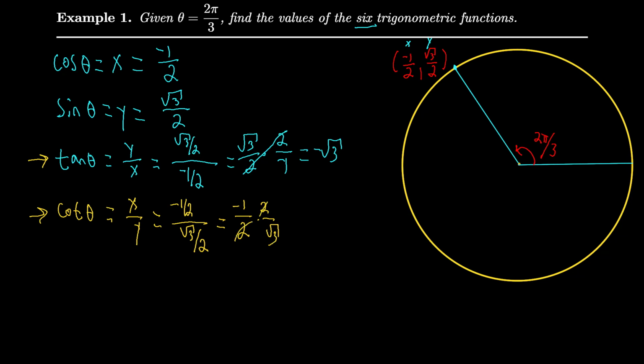And the 2's still cancel, but now you've got negative 1 over root 3, which if you multiply top and bottom by root 3 over root 3, that is, you multiply the top by root 3 and the bottom by root 3, you'll get that this comes out to be negative root 3 over 3. So then the cotangent of theta, if theta was 2 pi over 3, is negative root 3 over 3.